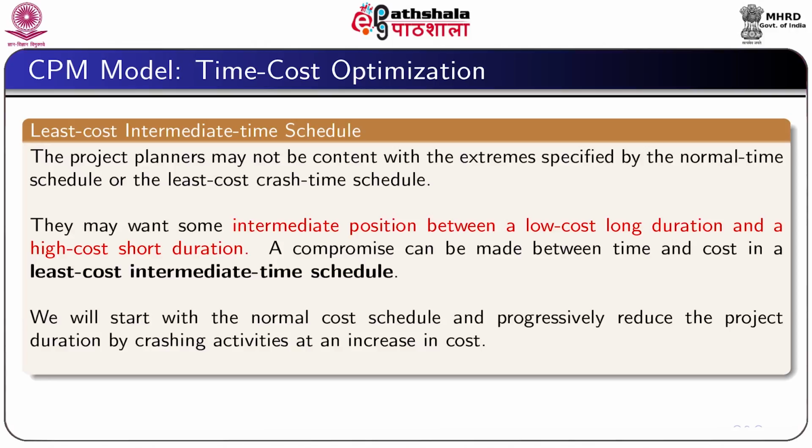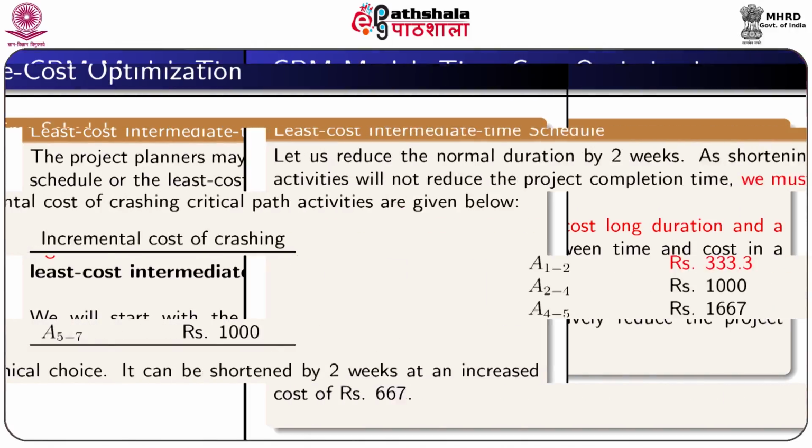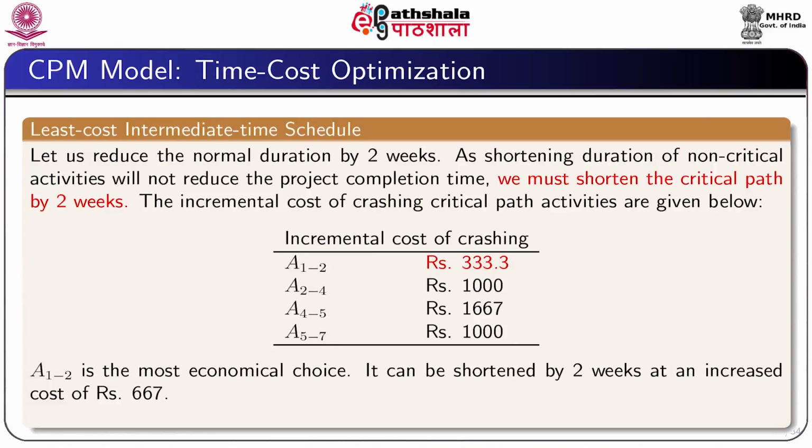A compromise can be made between time and cost in a least cost intermediate time schedule. Here we will start with the normal cost schedule and progressively reduce the project duration by crashing activities at an increase in cost. The normal time schedule is a least cost schedule with a duration of 26 weeks.